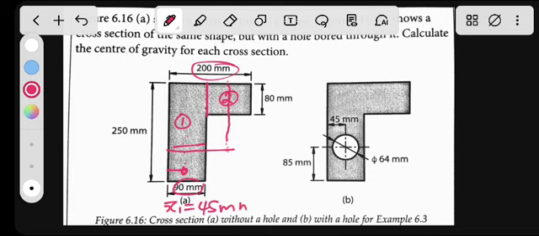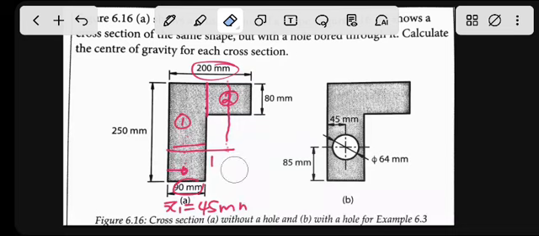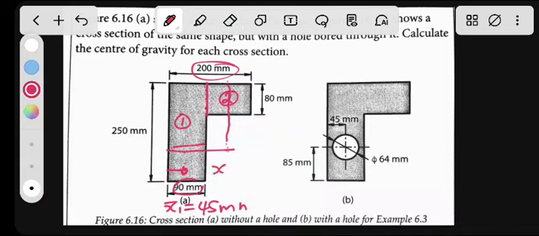So x2 will be 90 plus 55, which is 145. So x bar 2 would be 145.